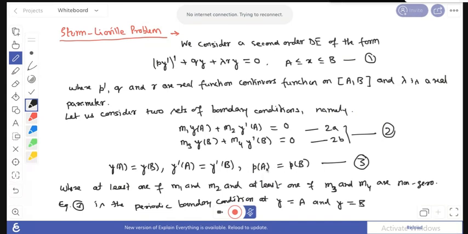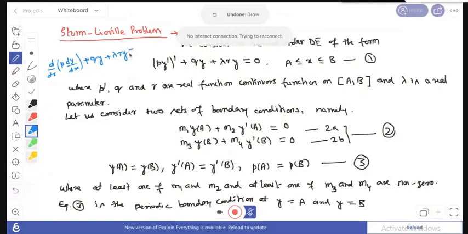Okay, so if we take a boundary value problem consisting of this equation 1, which is your second order differential equation, you can also write this equation in some books as d/dx (p dy/dx) + q y + lambda y = 0.